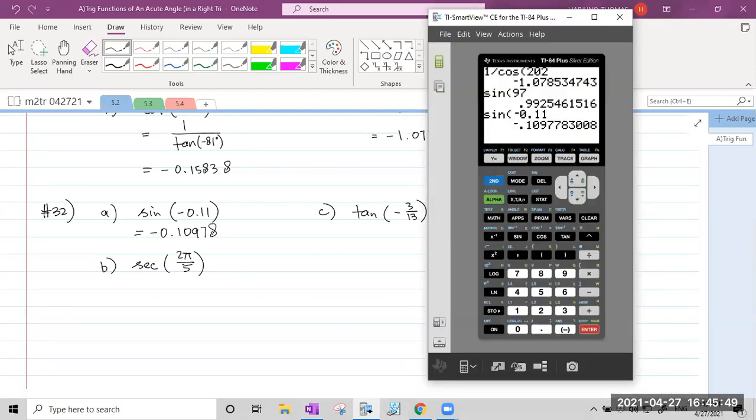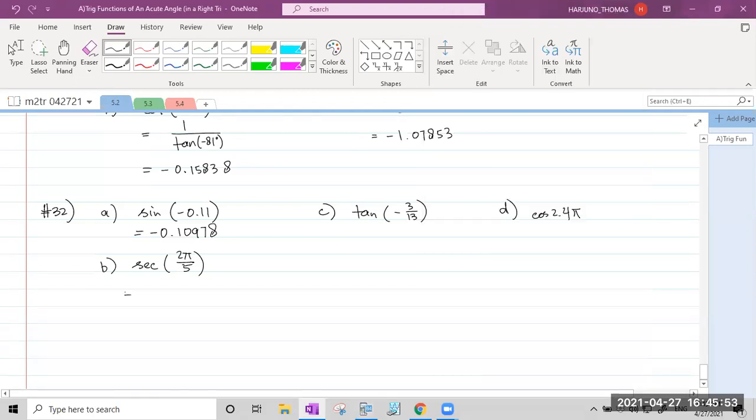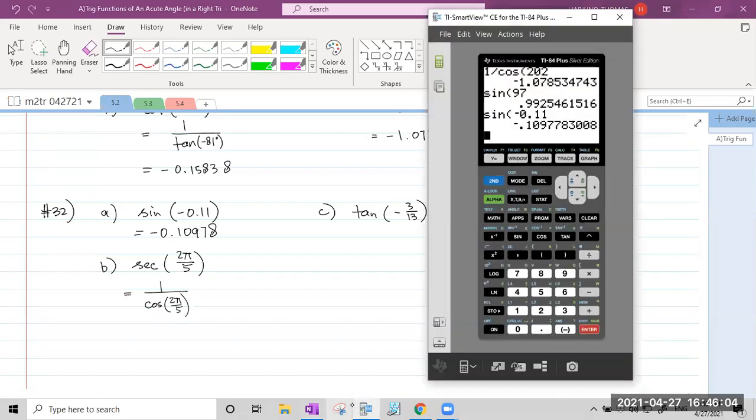How about secant 2 pi over 5? Secant 2 pi over 5 is 1 over cosine 2 pi over 5. Using our calculator, that's 1 over cosine 2 pi over 5.